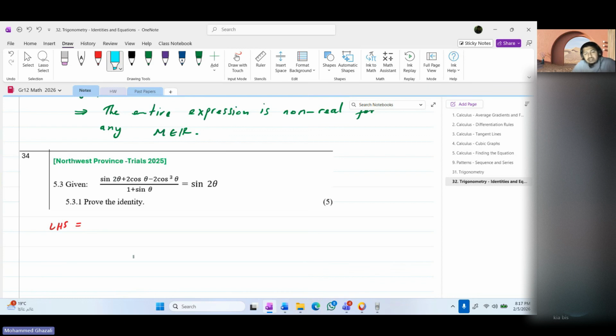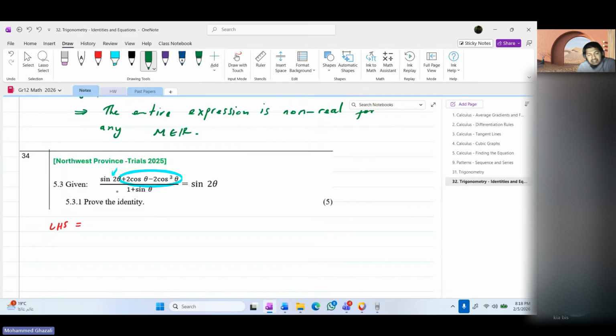Why do we have a cos cubed? Maybe we can take a 2 cos theta as a common factor out here. That's the reason why we got a cos cubed. Look at this. We can group that, and we can take a 2 cos theta out as a common factor. So you can get some kind of an identity there. And this one here, sine 2 theta, we don't have an option. So let's write that down.